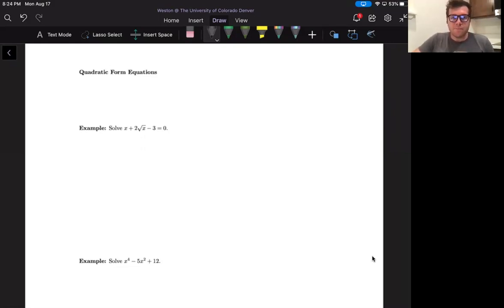These are essentially just quadratics where we have to make one substitution and it looks just like a regular quadratic.